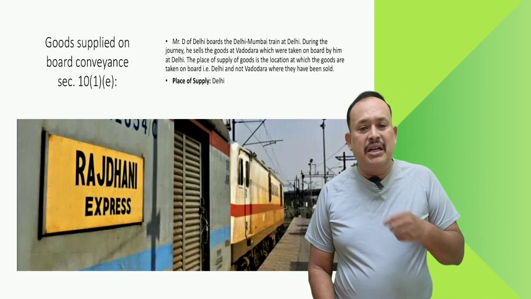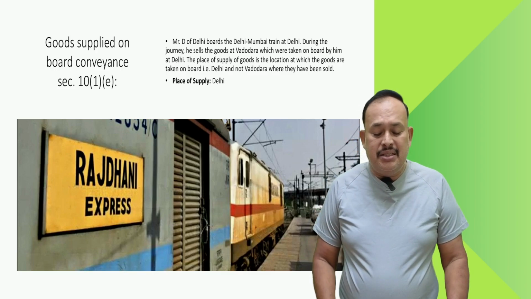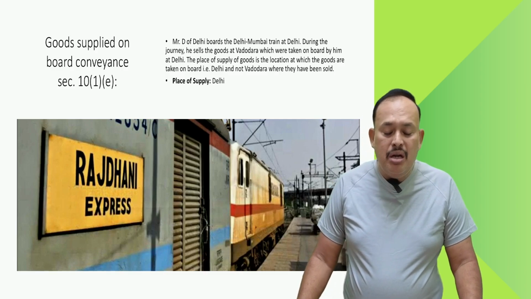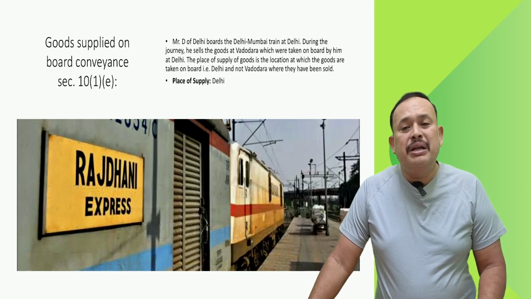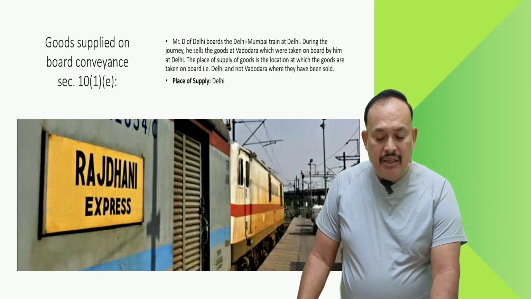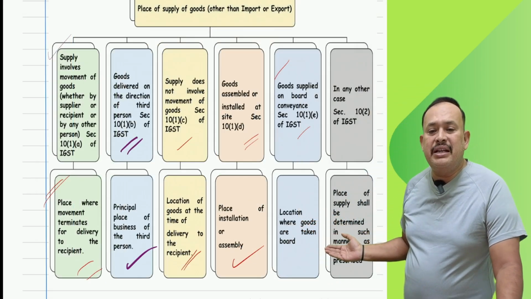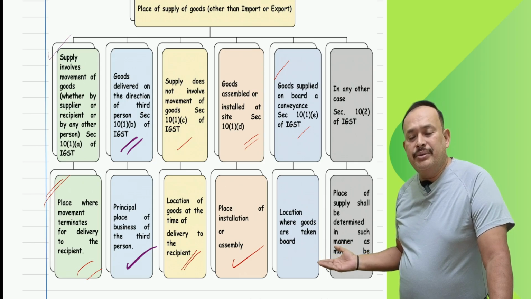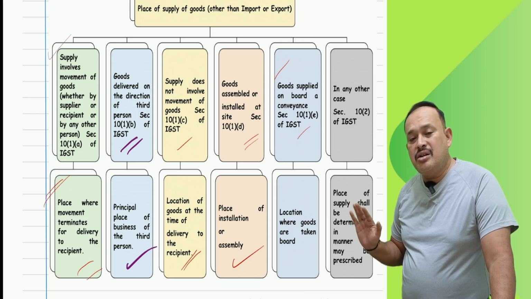So section 10(1) talks about goods supplied on board conveyance; the location where the goods are taken on board is the place of supply. So section 10(1) is concluded.